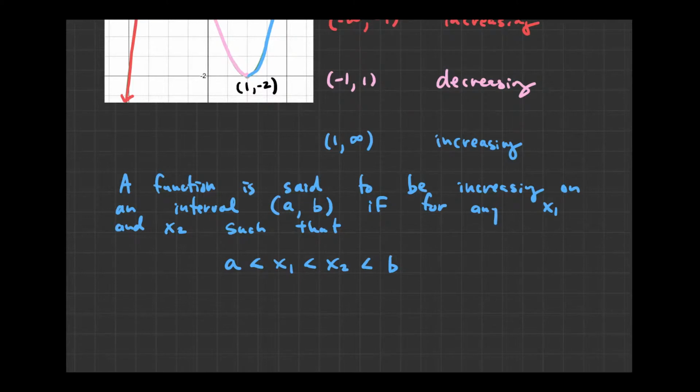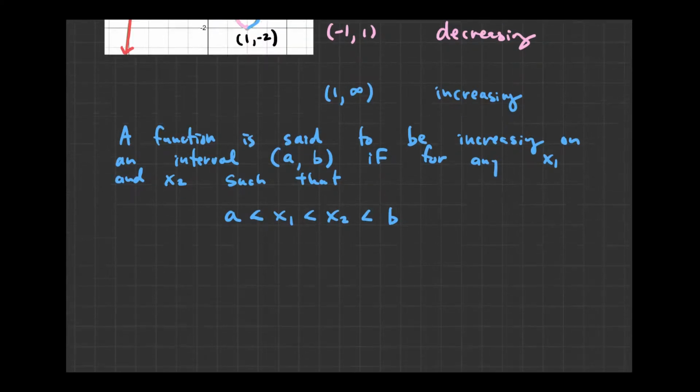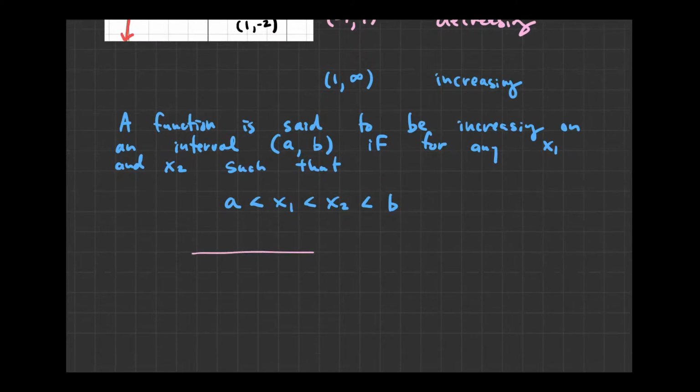So basically what I'm doing is I'll draw a little diagram just to give you an idea. So here's my values of x. Here's my interval a to b, and I'm just finding two values of x between a and b, where x1 and x2 are such that x1 is less than x2.